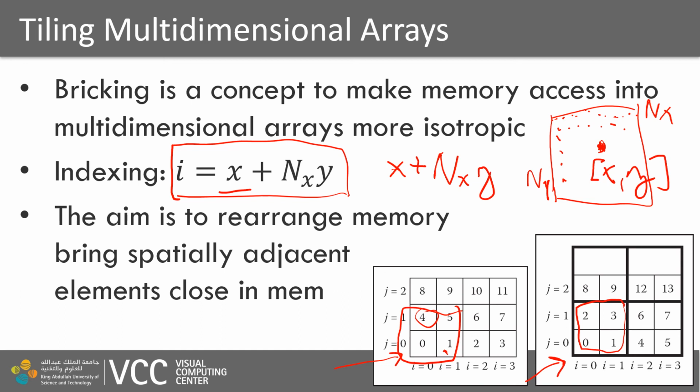So in the memory, the layout will be: this will be the first element, second element, third element, fourth element. And then the memory continues here, forming another brick, and so on, and so on. So we will have a great ability to exploit the cache coherency within the values of a brick, but outside, even if they are close, there will be no likelihood of a high cache coherency exploitation.